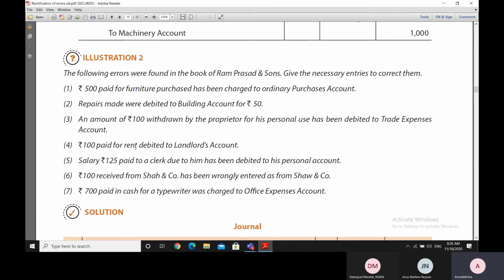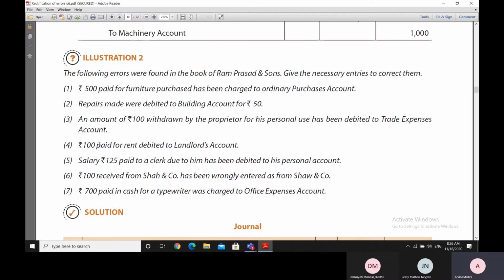Now the next one is that 100 rupees which was paid for rent was debited to landlord's account. Now it should have been debited to rent account, not to landlord's account, because it was rent which was paid.